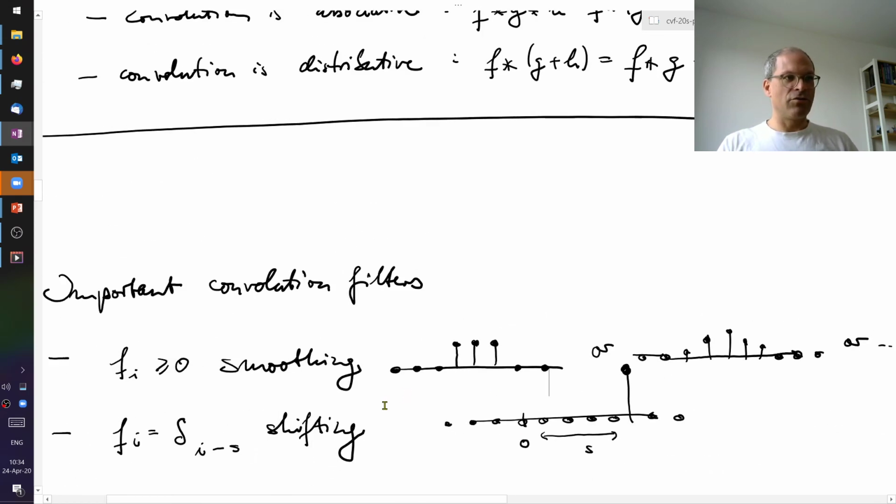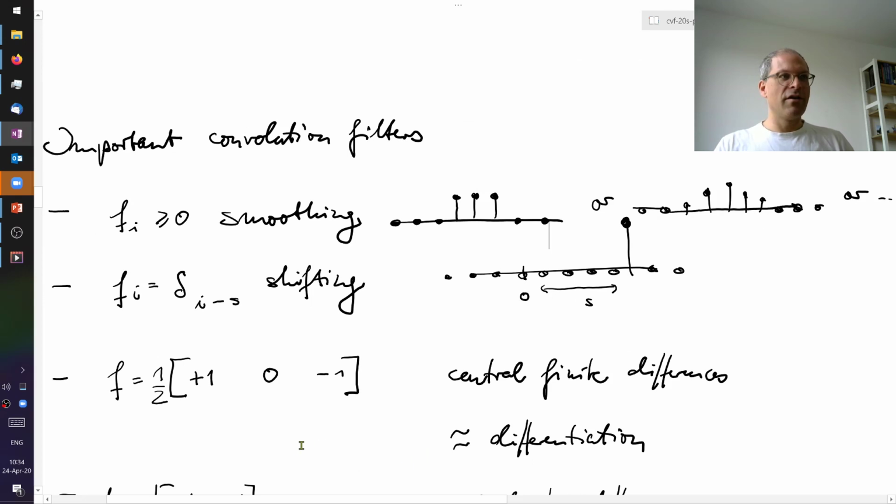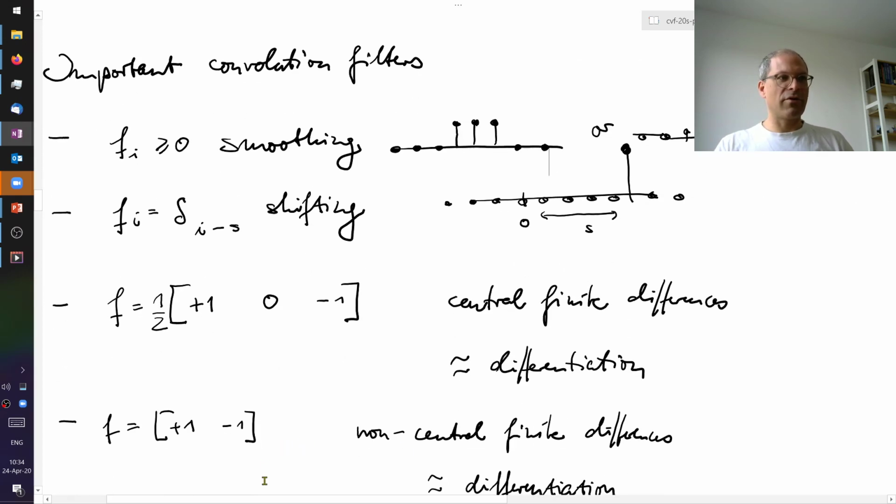Now, if I want to just shift, this is also a convolution kernel. It's a convolution kernel which is a Dirac delta located at a distance s from the origin, if I want to shift by an amount of s. And of course, I can compute central or non-central finite differences to approximate a differentiation.